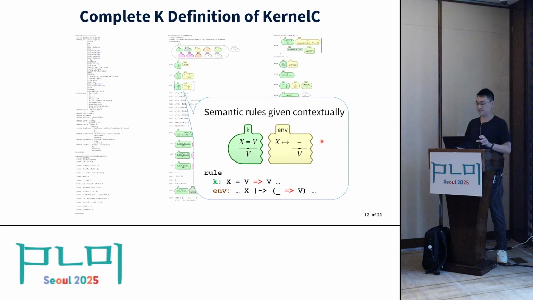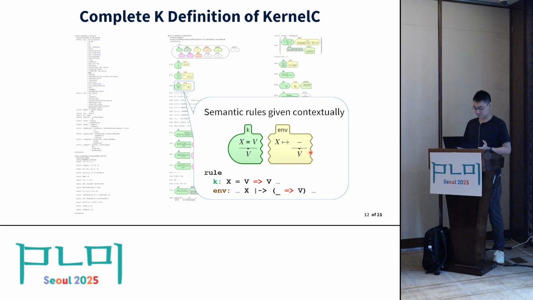If this pattern is matched by my configuration, then I rewrite it in the following way. I rewrite the assignment expression into the right value, V, because that's the semantics of C. The value of an assignment expression is its right value. And I will rewrite the value that X points to in the environment cell also to V. So this is this step.